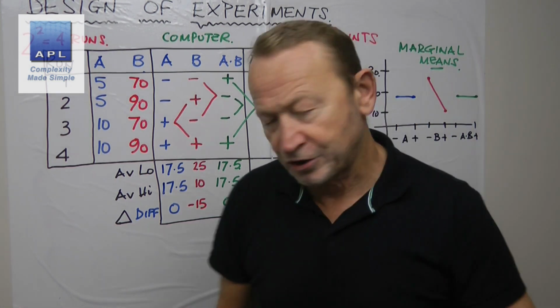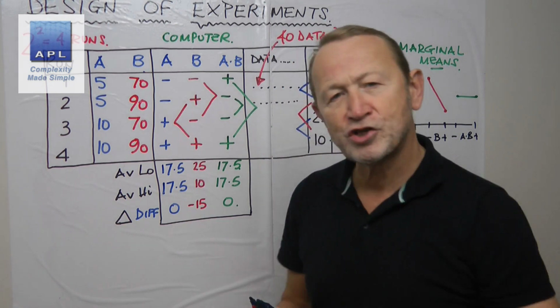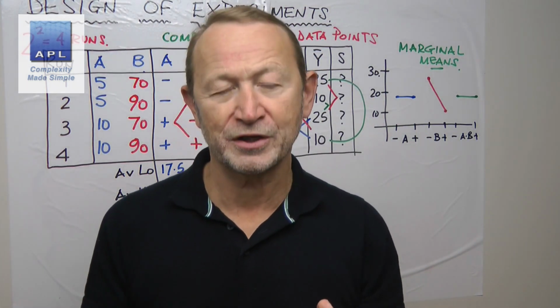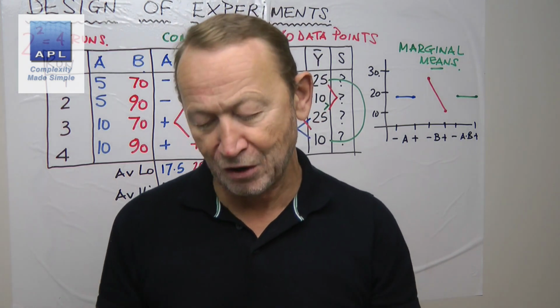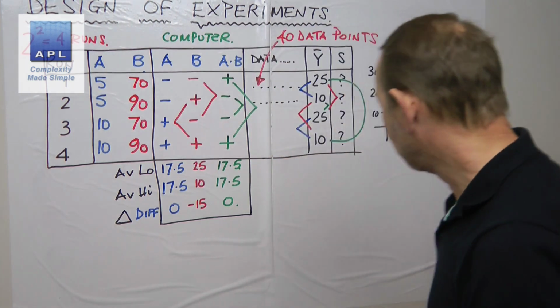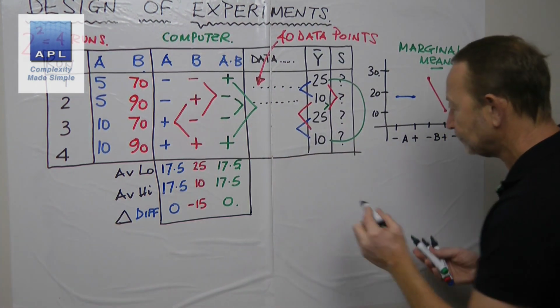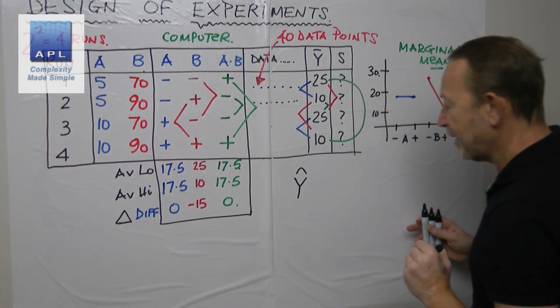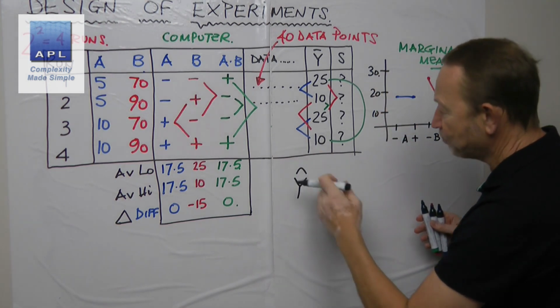But now what I'm going to do, I'm going to take that information and I'm going to create a model for this process, a mathematical model. Now the template for the model looks like this. Y hat, which by the way just means predicted.